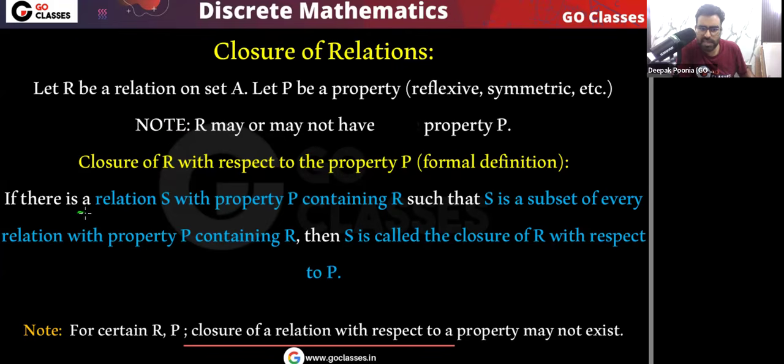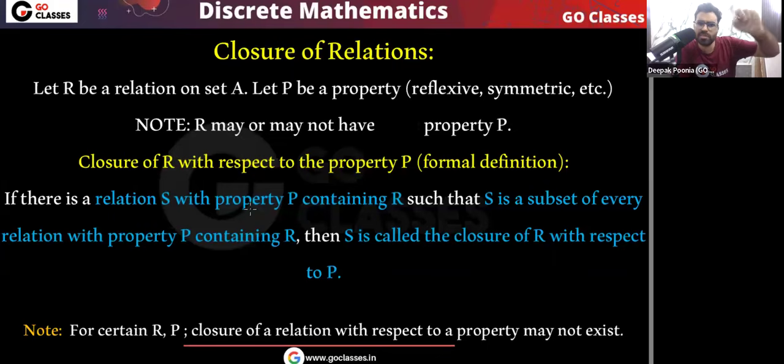Notice that closure of relation R with respect to property P is a new relation. Do you agree with me? When you find the closure of R with respect to property P, that closure is basically a new relation.